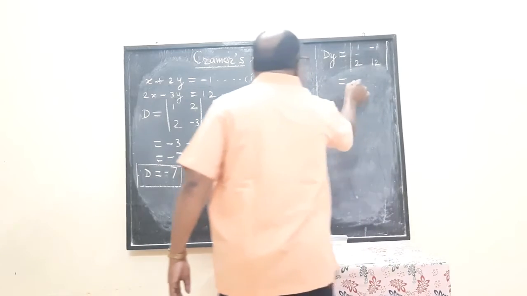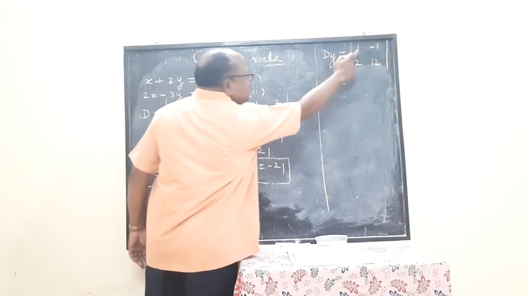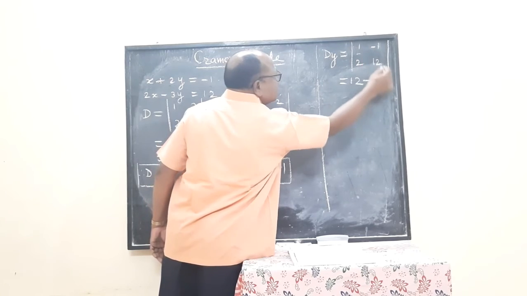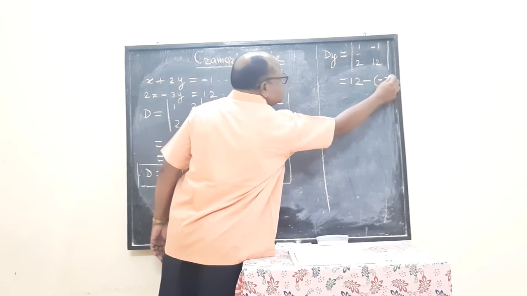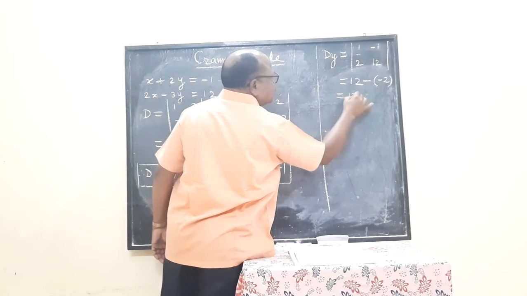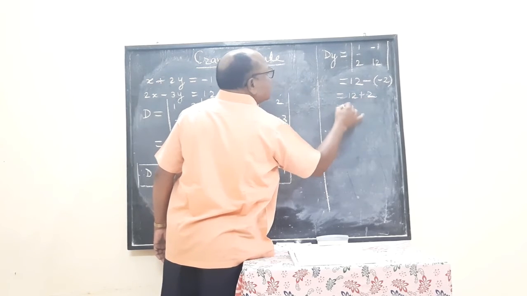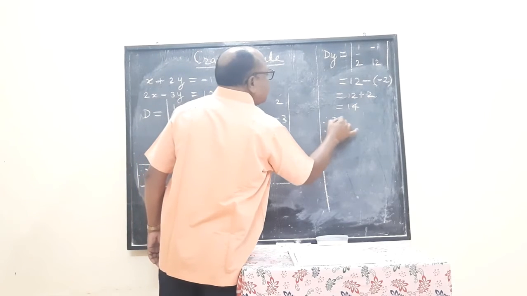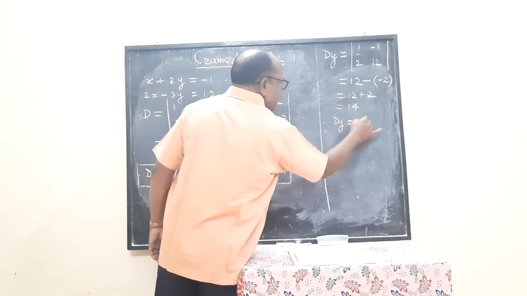That is equal to the product of these two terms, 12, minus the product of these two terms, -2. That is equal to 12 + 2, that is equal to 14. Therefore, Dy equals 14.